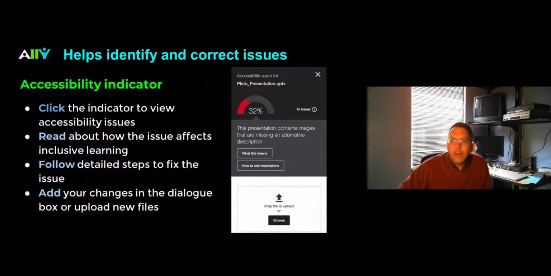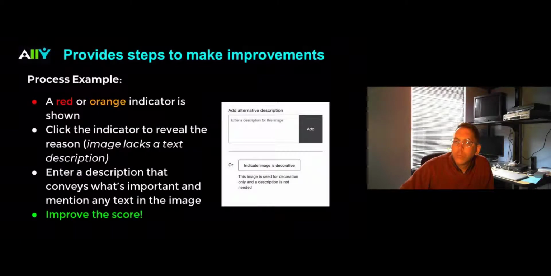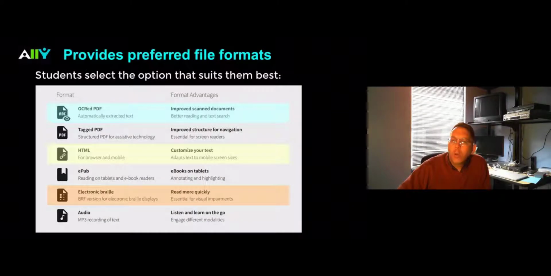You'll get an indicator on the side with red, orange, or green, showing you how accessible your document is. It'll also describe what the issue is, and it'll give you links to how to fix and address those issues. Again, this is the same screen. It also tells you how to improve your score, and I'll show you this in more detail when we get into Blackboard itself, rather than just describing this now.